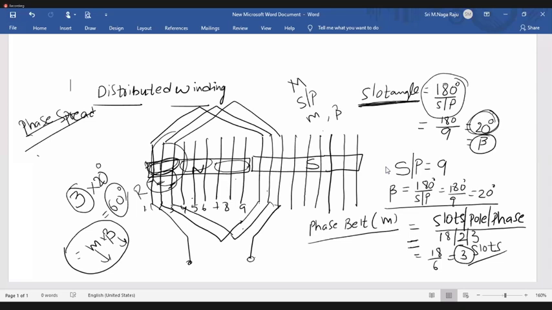Then you have to continue solving the problem. So this is about the distributed winding. In the distributed winding, we will have all these terminologies, and the resultant EMF is the vector sum, not the arithmetic sum. Fine. Now we will see what is concentrated winding.